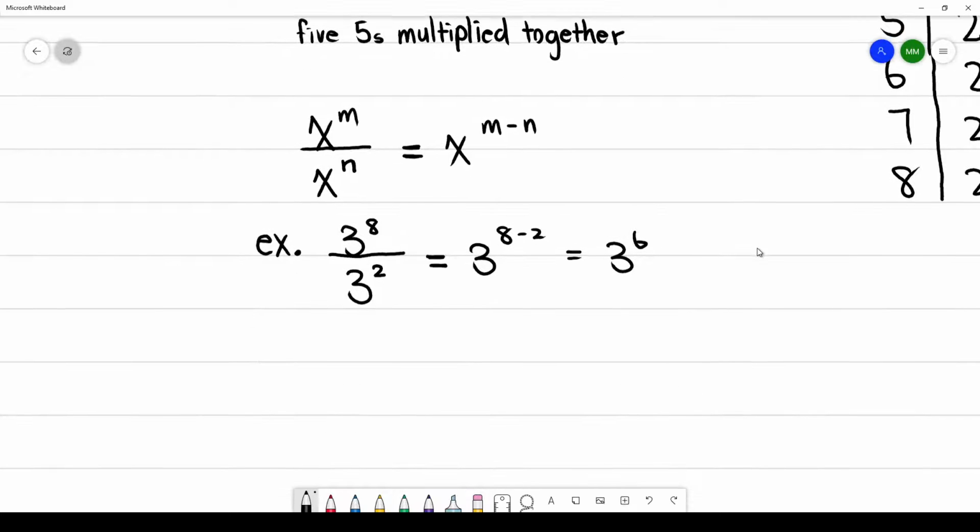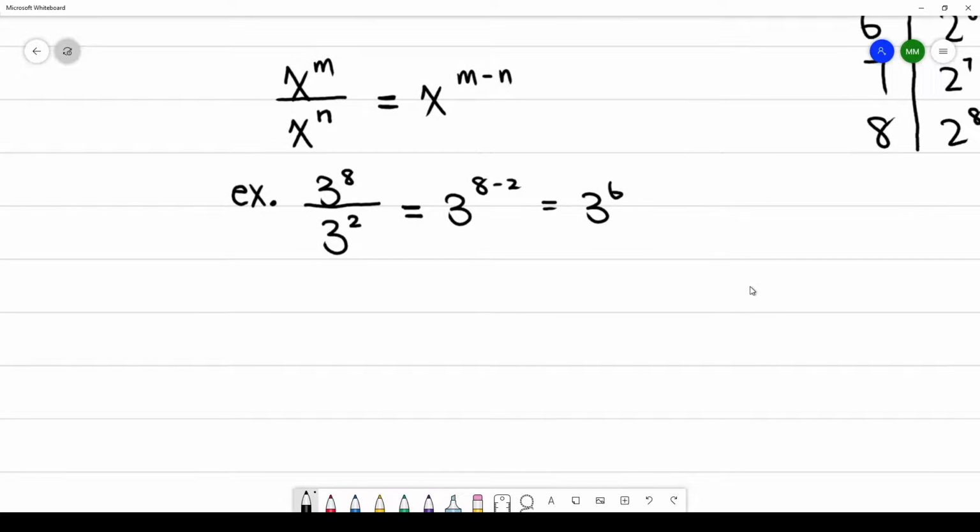Now, how does this work? If we look at this fraction, it's essentially a division. I'm going to write it all out. I have 8 threes multiplied together, 6, 7, 8.